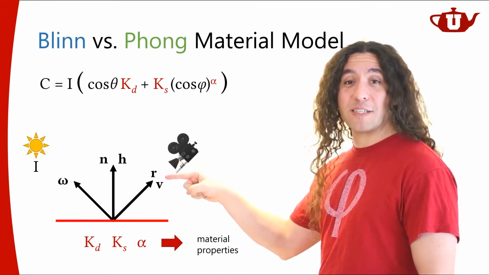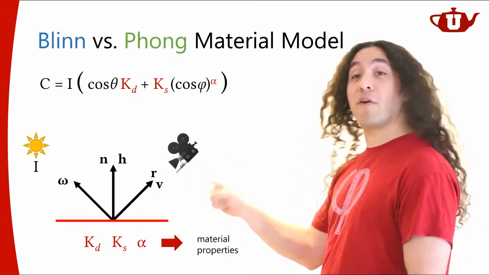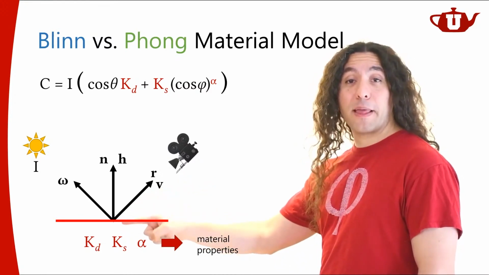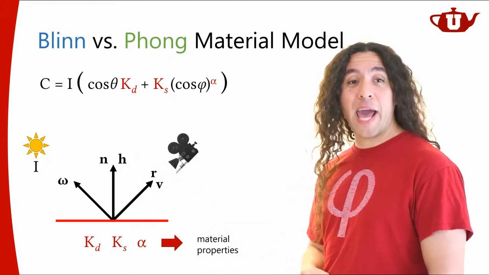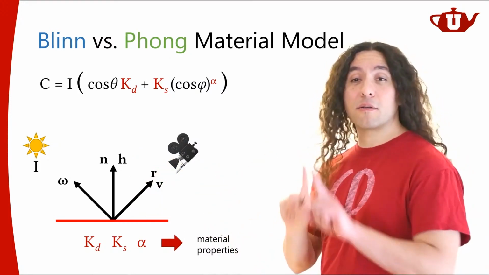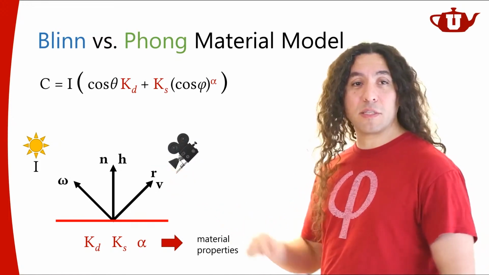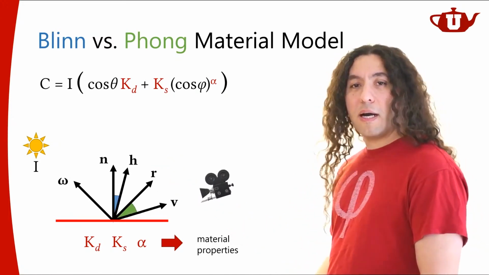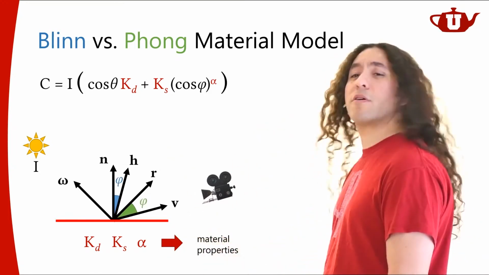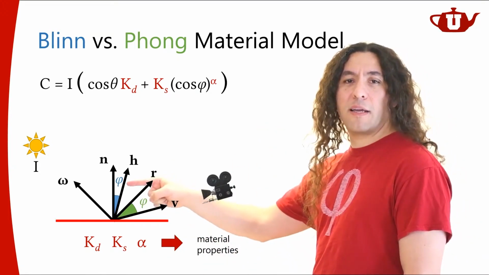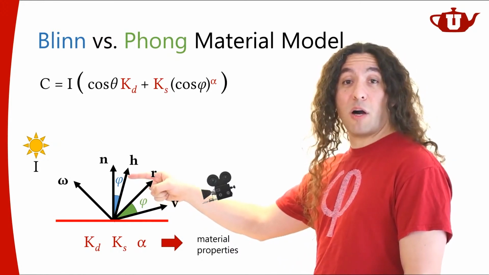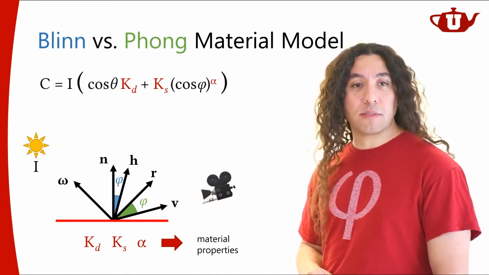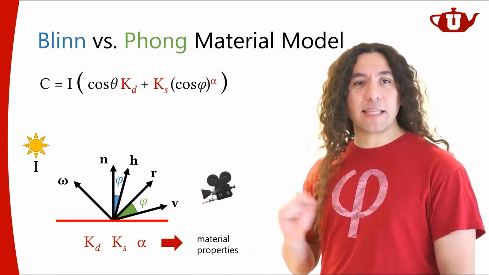So if my view direction is exactly along the perfect reflection direction, then my surface normal and the half vector are going to be completely aligned as well. So the angle between them is also going to be 0. But if I move away from it, in this 2D cross-section, the phi angle that the Blinn model uses is going to be exactly half of the phi angle that the Phong model uses.